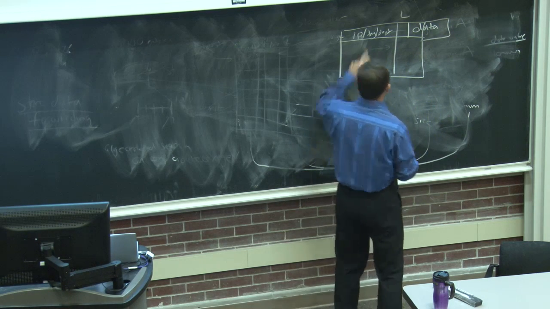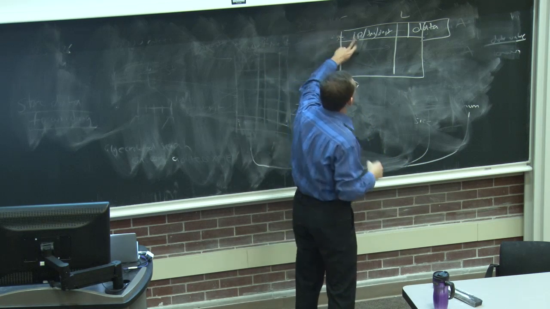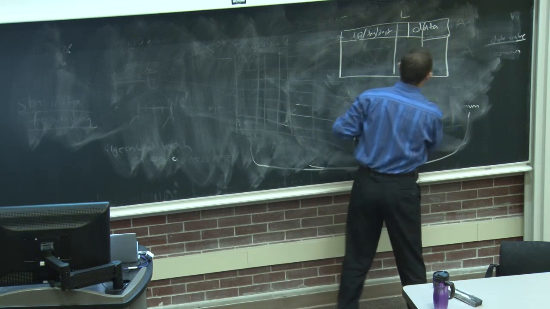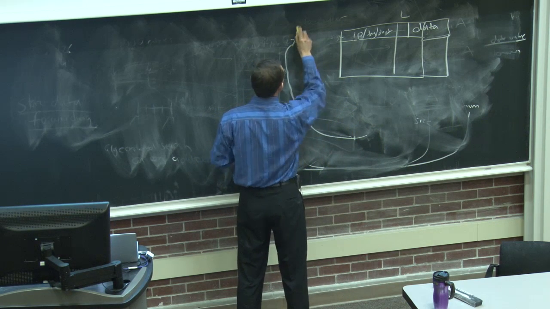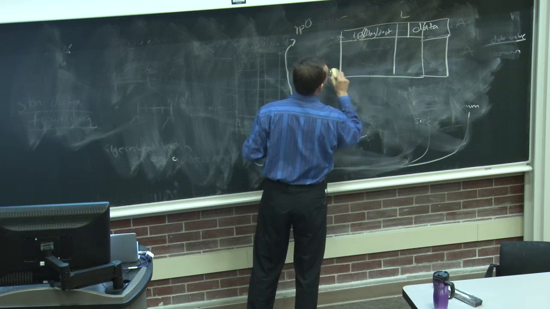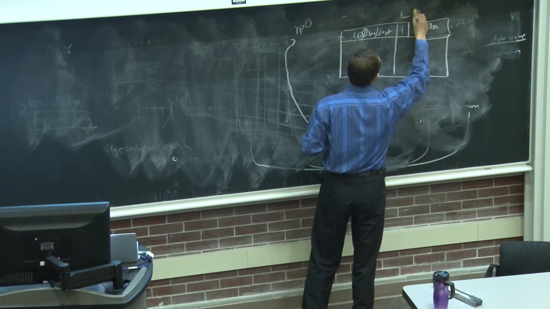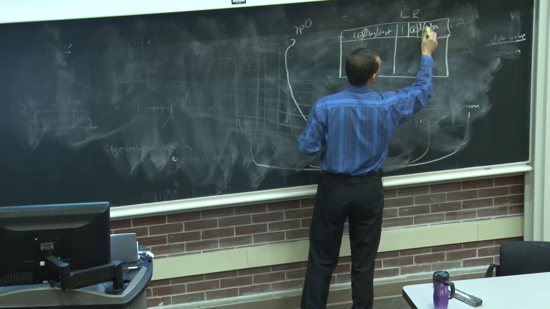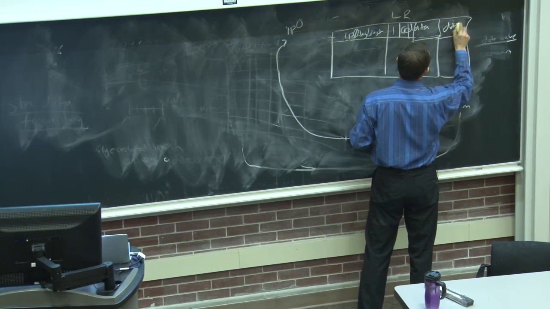When a token is produced, it generates an entry like that in the matching store. Now, another token comes. Let's say this is getting to IP 0. And you can have left or right, ready or not ready, with the data value for the left and the data value for the right operand.